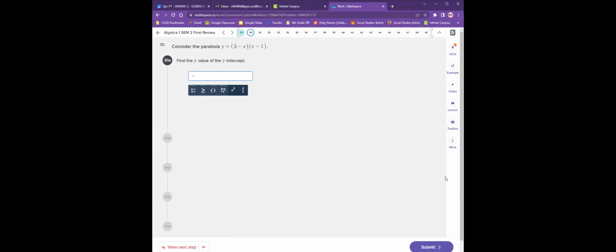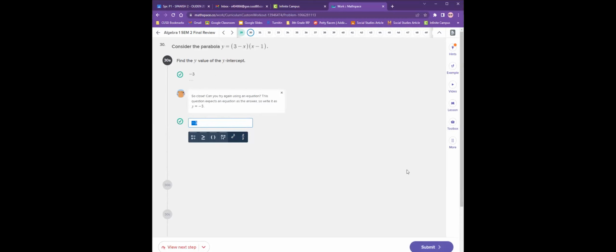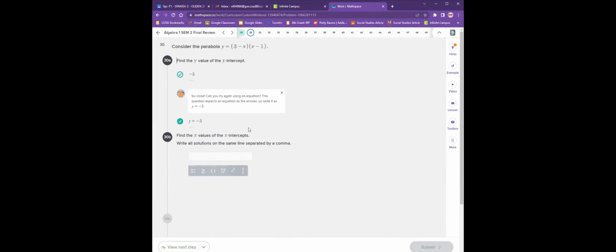I hate how it doesn't just accept that. Well, a programmer wanted you to put it that way, so you're going to have to adjust. They wanted the x-intercepts, y equals 0. Now I have to solve.